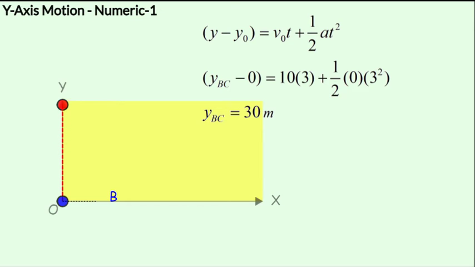Now we plug the values of C that we obtained with respect to B into the second equation of motion. Since the relative acceleration of C with respect to B is 0, the last term zeroes out, and we obtain the separation between B and C as 30 meters in 3 seconds.